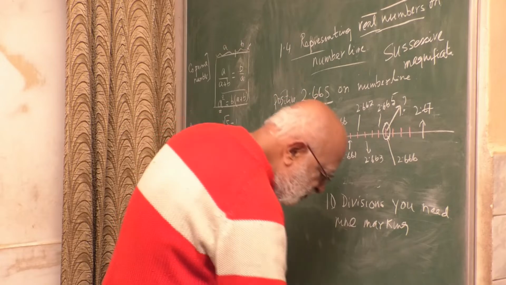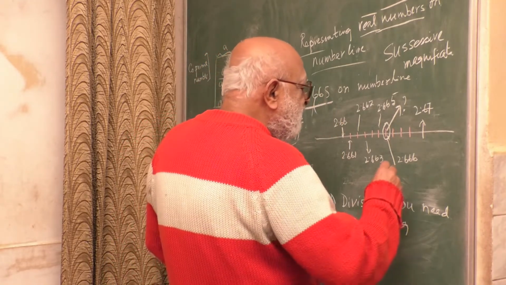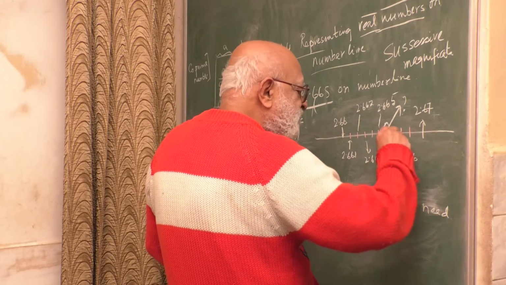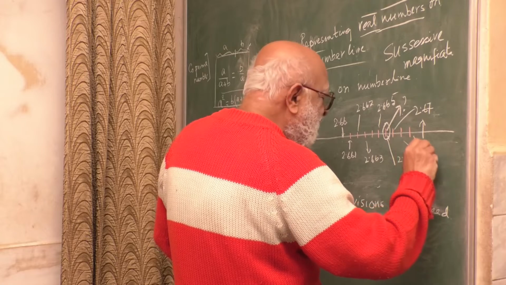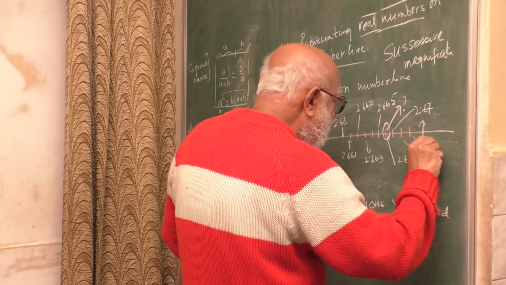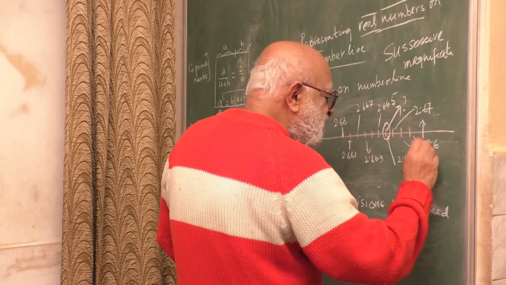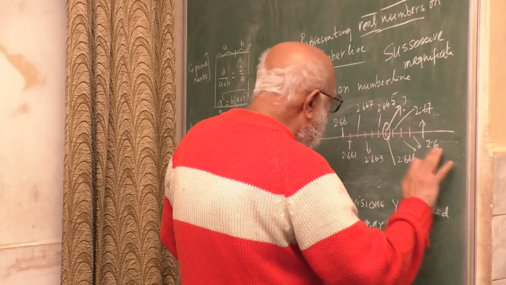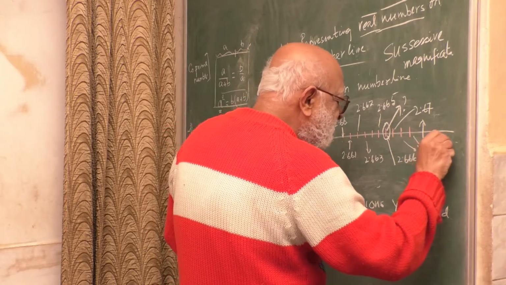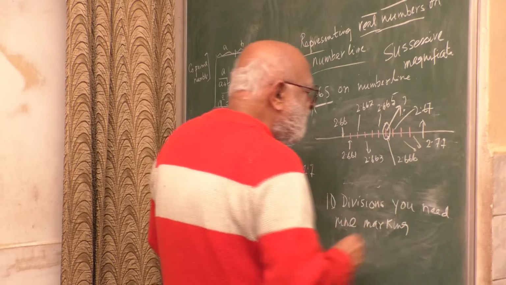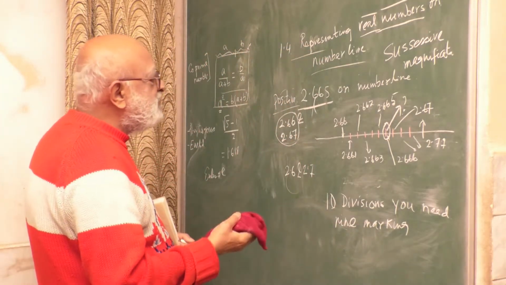So this would be 2.6, this would be 5, 6, this would be 7, this would be 8, this would be 9, and this would be 2.6 and 7. The next one to that, 2.77. Okay, we will do it this way. So this is progressive.